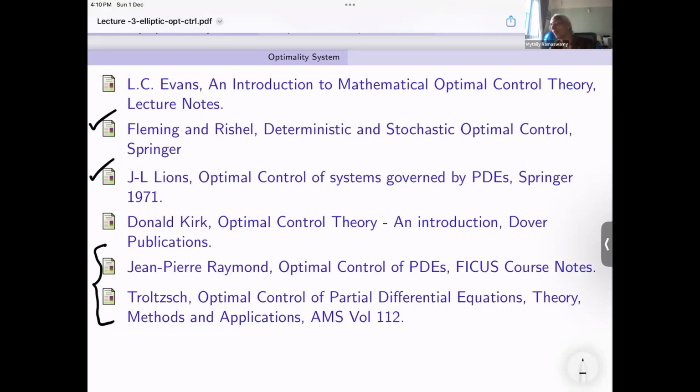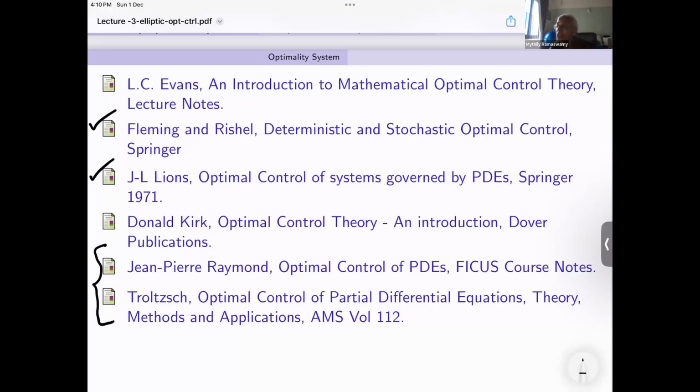He spends a lot of time on how to numerically solve these things, how to solve the coupled given system and the adjoint system simultaneously. And Jean-Pierre Raymond also, his course notes are an excellent source for optimal control of PDEs, where he tackles not only elliptic but also parabolic and other types, and semilinear.